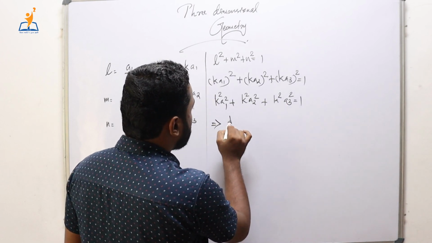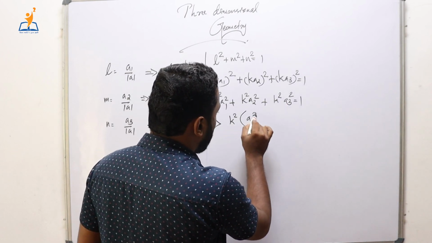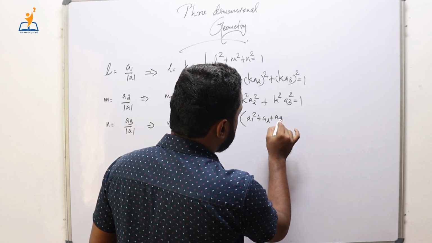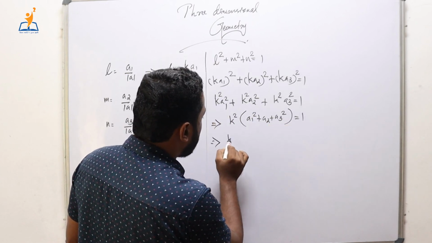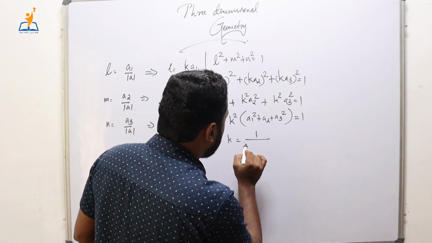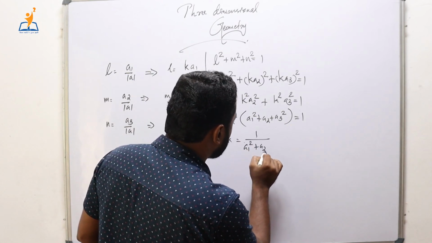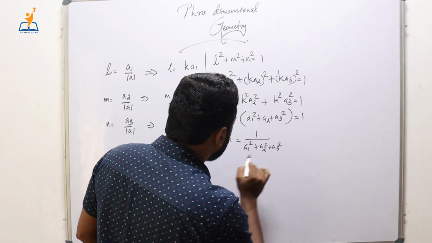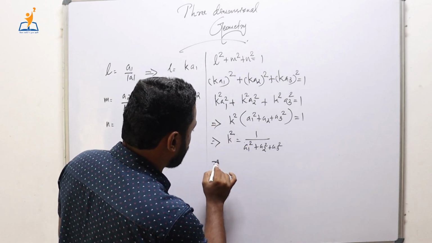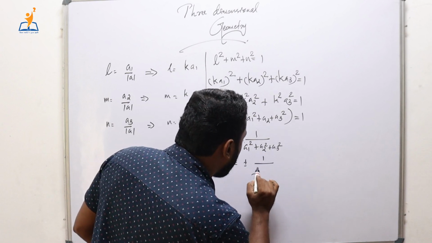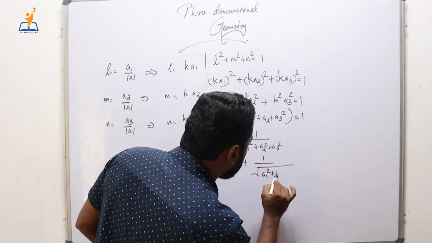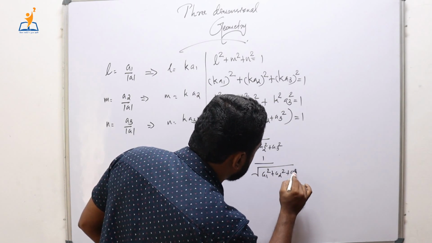So K square into A1 square plus A2 square plus A3 square is equal to 1, which implies K square is equal to 1 by A1 square plus A2 square plus A3 square. So K is equal to plus or minus 1 by square root of A1 square plus A2 square plus A3 square.